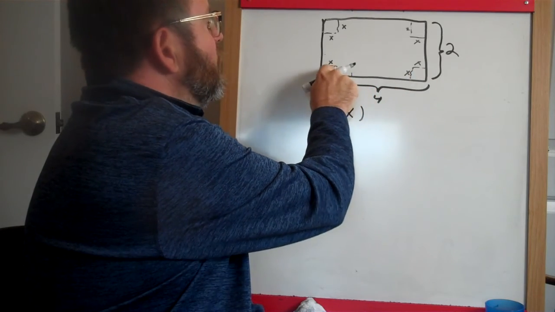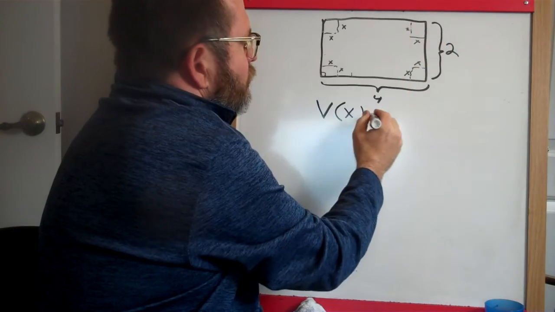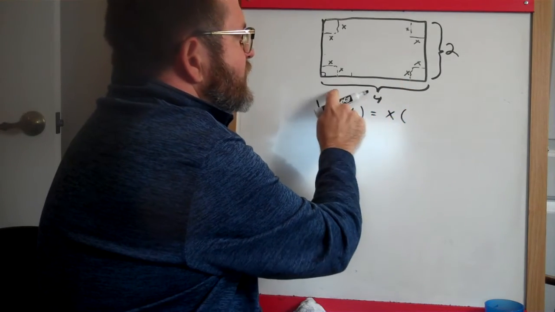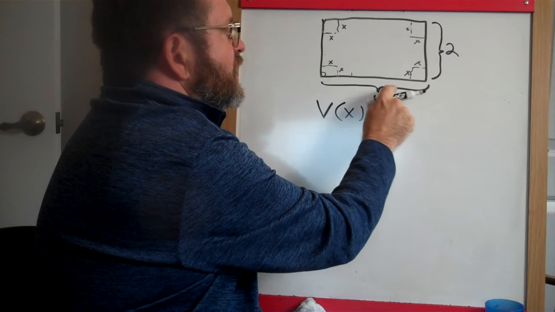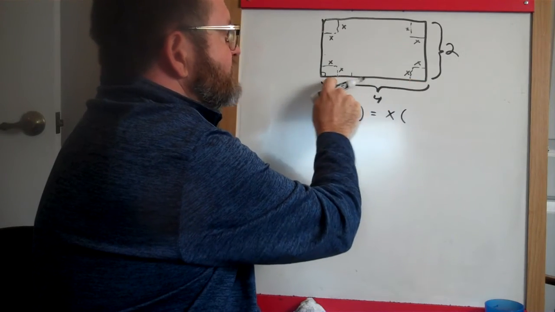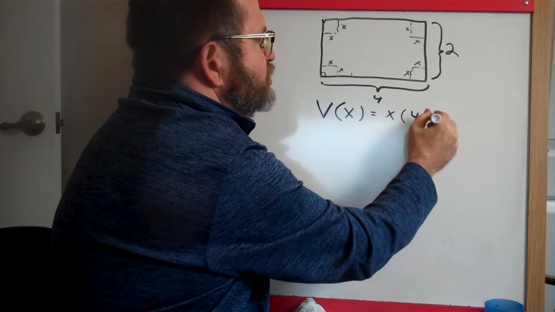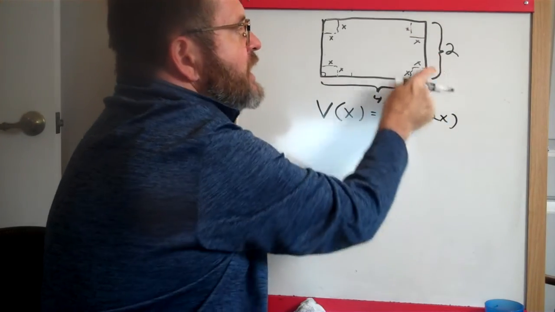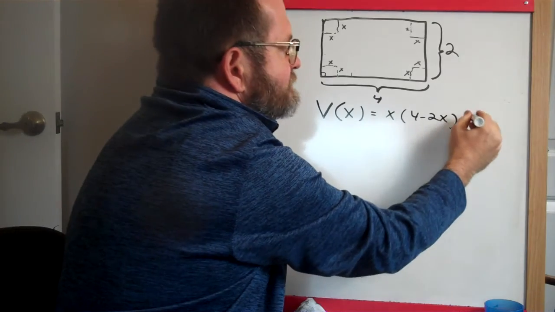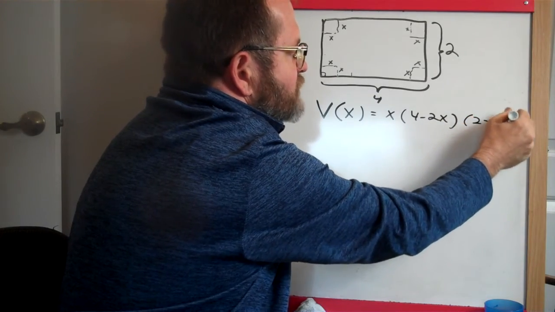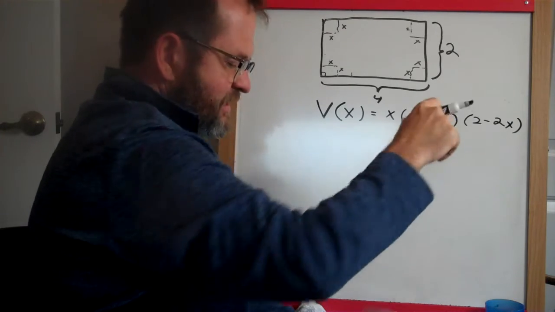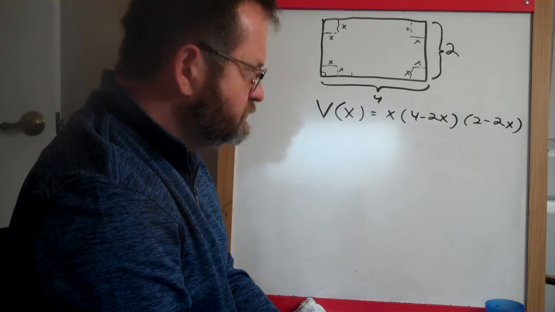As we fold this up, one of its dimensions will be x. This side here will no longer be 4 meters long. It'll be 4 meters minus 2x. And this direction of the box won't be 2 meters long. It'll be 2 minus 2x. The volume of the resulting box will be this function right here.